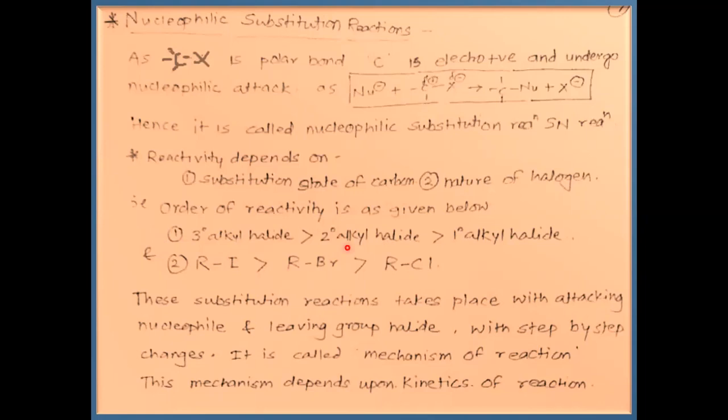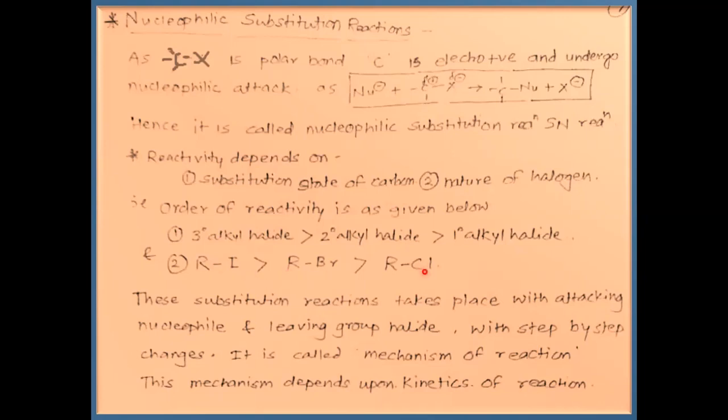About the specific order, we will see in detail at the end of this part. Alkyl iodides are more reactive because the size of iodine is greater than that of bromine, than that of chlorine.